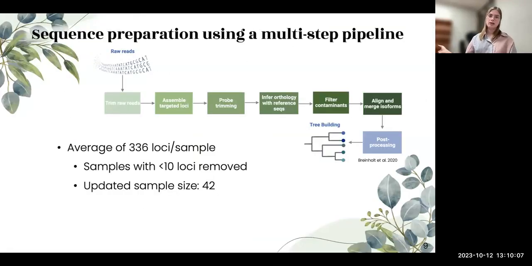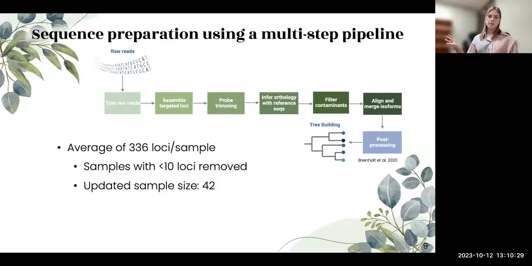Once we got all of these raw reads back, we put them through a pipeline based off of a publication that was published in 2020. We got back an average of 336 loci per sample.